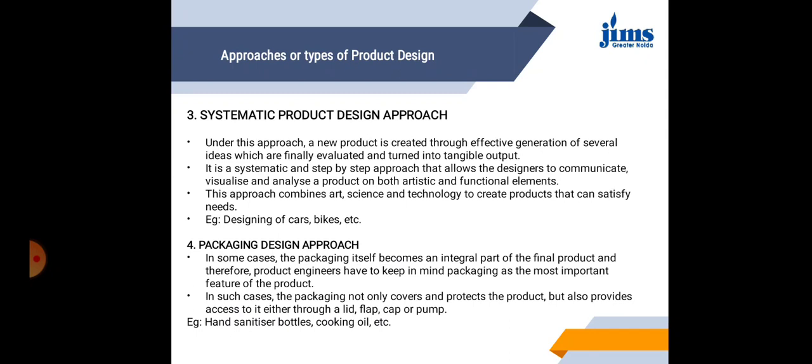That means approach number 3 is a blend of approach number 1 and 2, that is functional and aesthetic design approaches. Under this approach, a new product is created through effective generation of several ideas which are finally evaluated and converted into a final output.